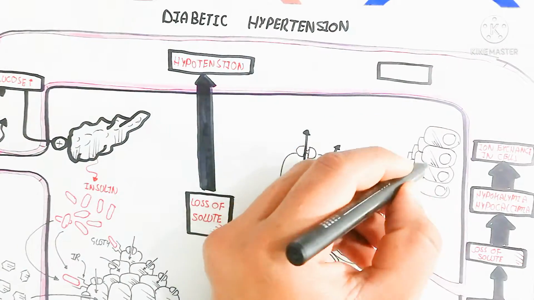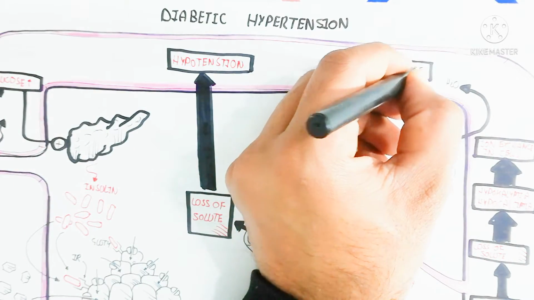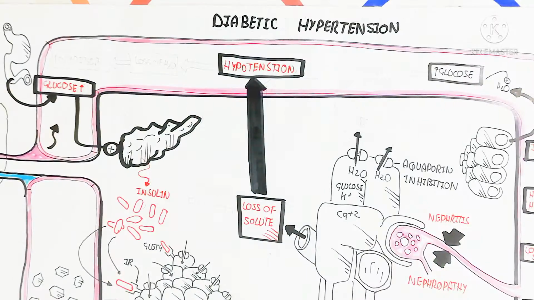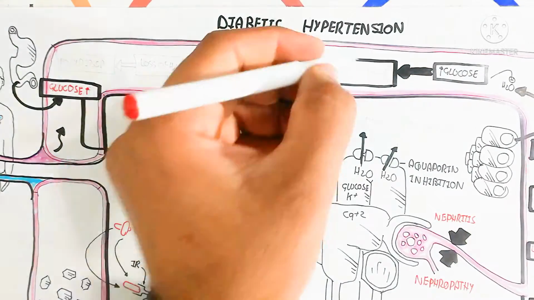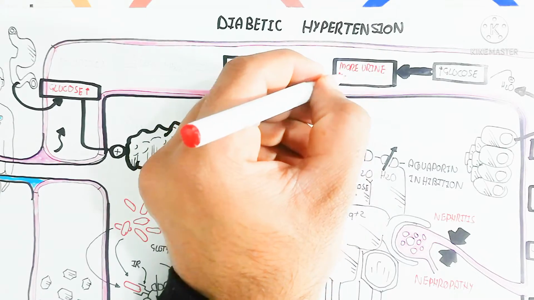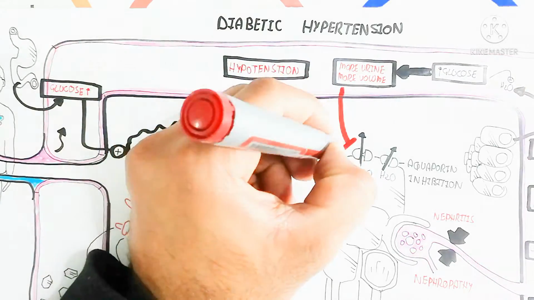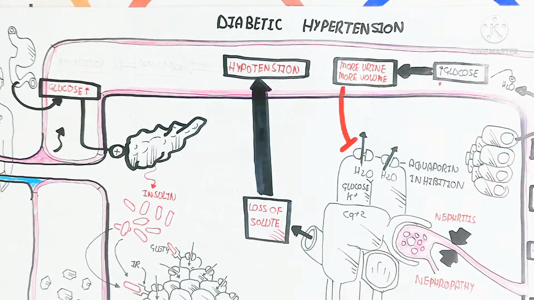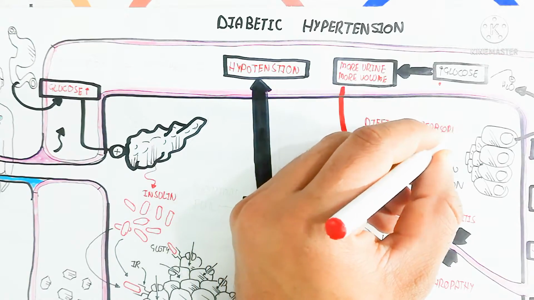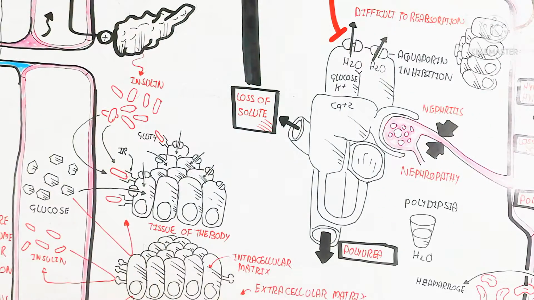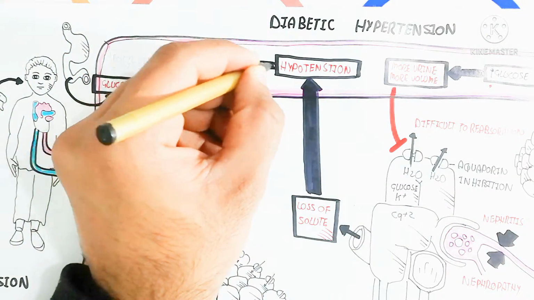And in this way, when the glucose level is high, water is absorbed from the tissue into the blood, because glucose requires water for solubility. So high glucose level leads to retention of water, which will increase the blood flow and cause rupturing of the artery, and more urine and more volume, because of the inhibition of aquaporin.